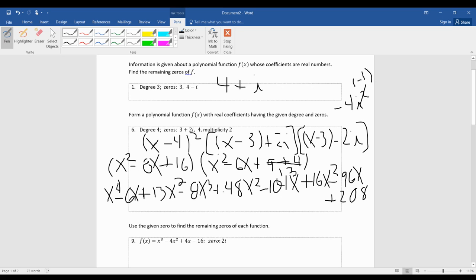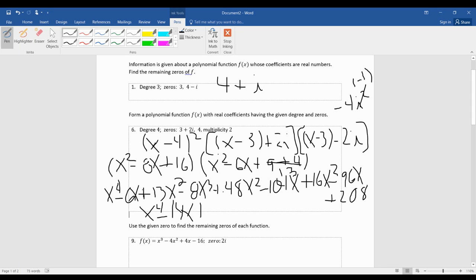Okay. So running out of room here, but our final answer would be x to the 4th. We combine our cubed, so negative 6 and negative 8 cubes gives us negative 14x cubed. Combining our x squareds, we have 13, we have 48, and we have 16.